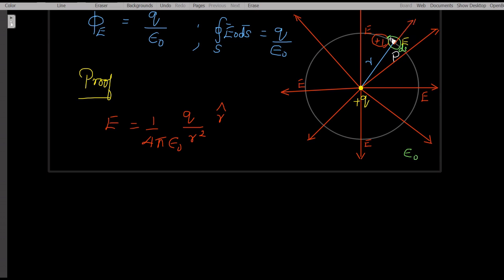What may be the electric flux crossing through the elementary surface dS?